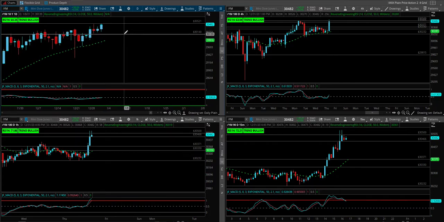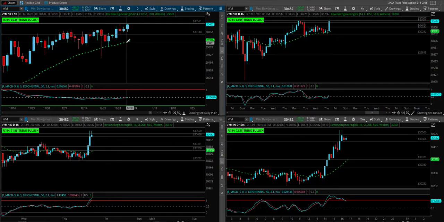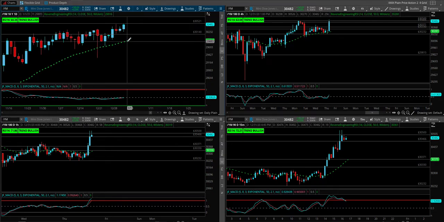until the support gets broken, or this next support below here gets broken. Again, you've got to draw your lines here. Where is support? Well, you can use the candle close, or you can use the wicks.